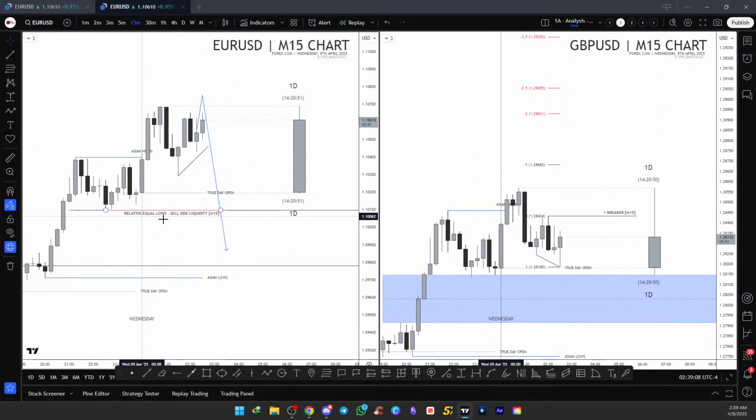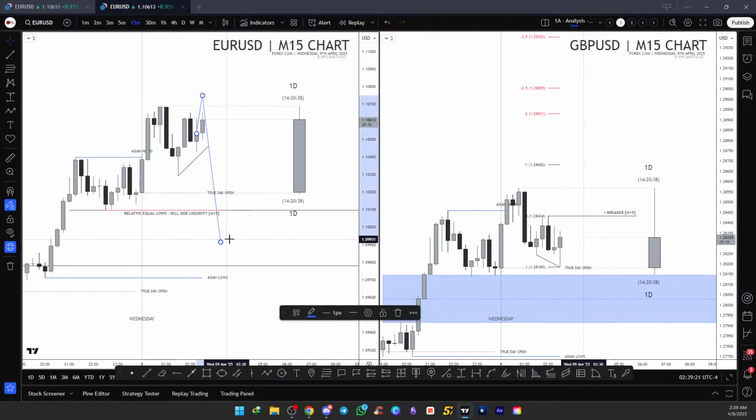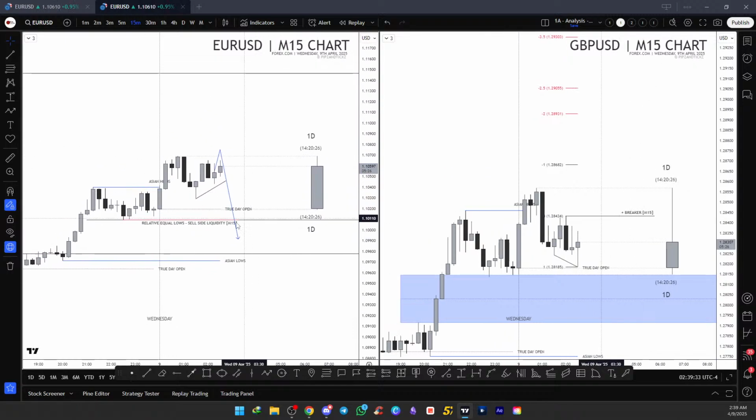Once this is raided, we'll get an ITL, intermediate term low, a low that has two STLs on either side of it. The significance of ITL is that we have an order block when we get an ITL. So it would be highly resistant for price to go against it, and it will propel price higher. So that's what I'm expecting.